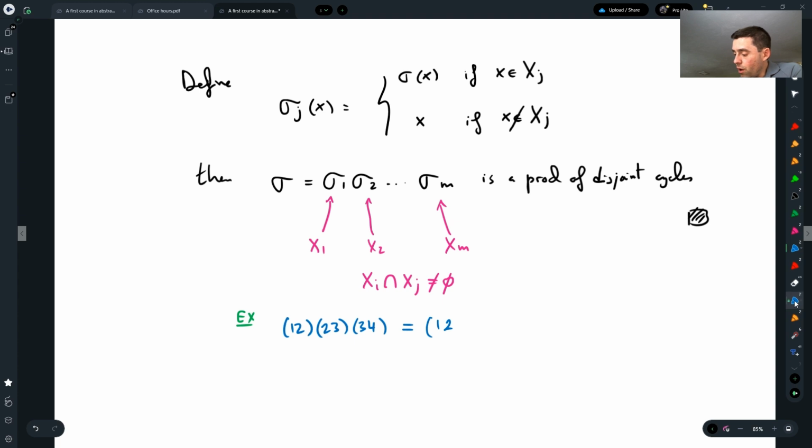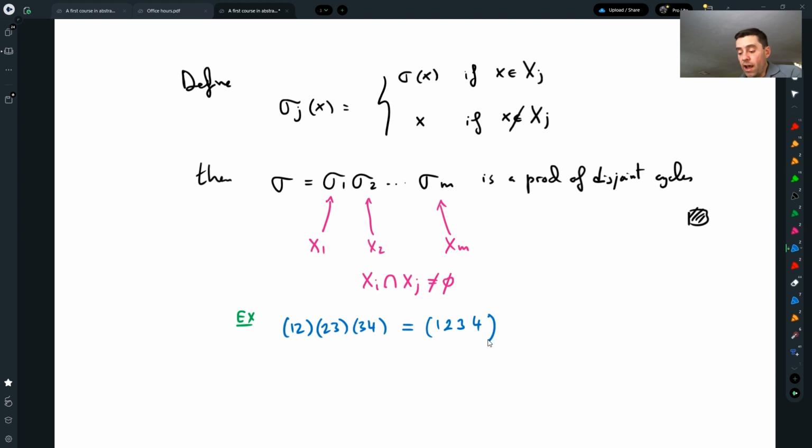Where does 2 go? 2 goes to 3, and then 3 is fixed, so 2 will go to 3. Where does 3 go? 3 goes to 4, and 4 is fixed, so 3 goes to 4. Where does 4 go? 4 goes to 3, 3 goes to 2, and 2 goes to 1, so 4 goes to 1, and it closes the cycle.